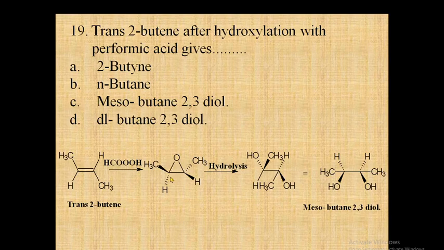This epoxide is further hydrolyzed in acidic or basic medium to form the diols. If I just rotate this bond, you'll get this compound in which there is a plane of symmetry. I can pass the plane of symmetry here. As it contains the plane of symmetry, it's a meso compound. So meso-butane-2,3-diol will be the product.